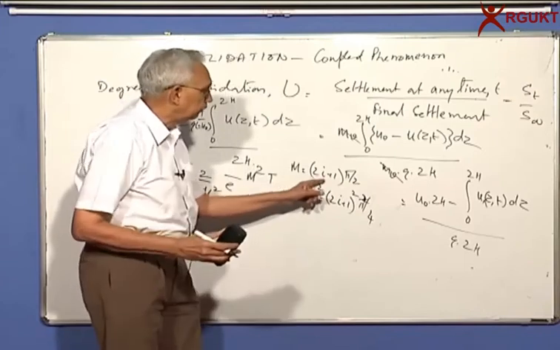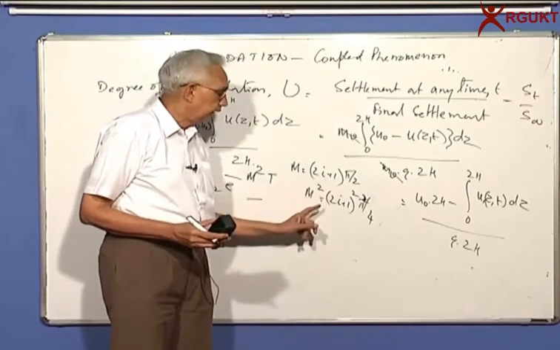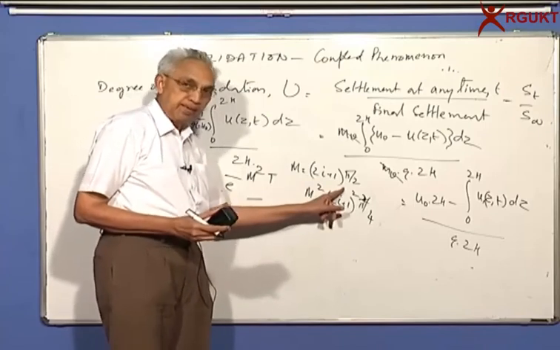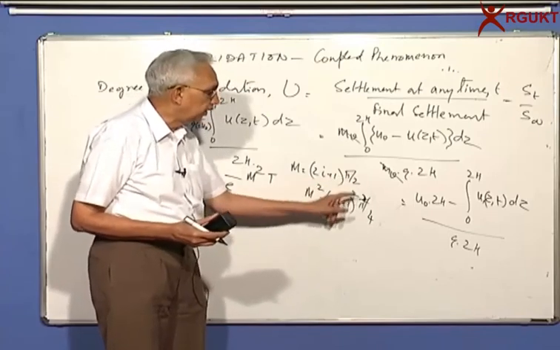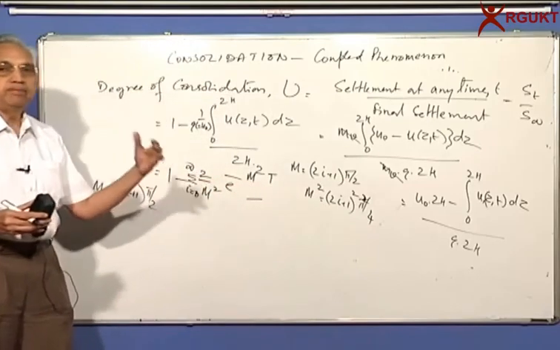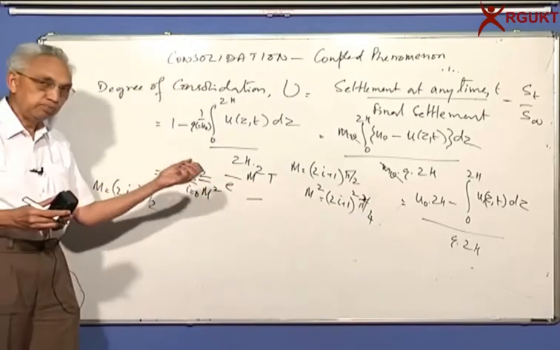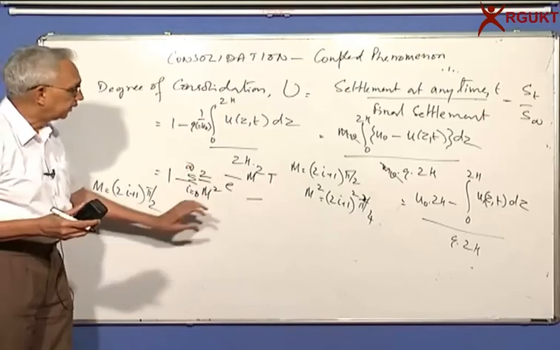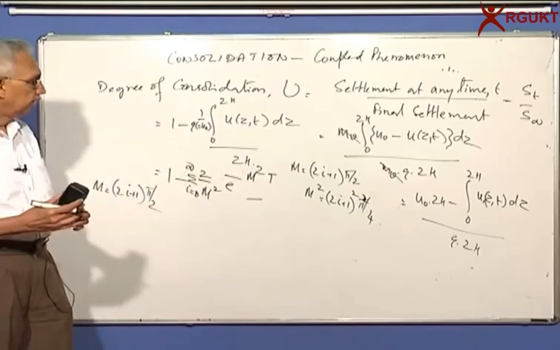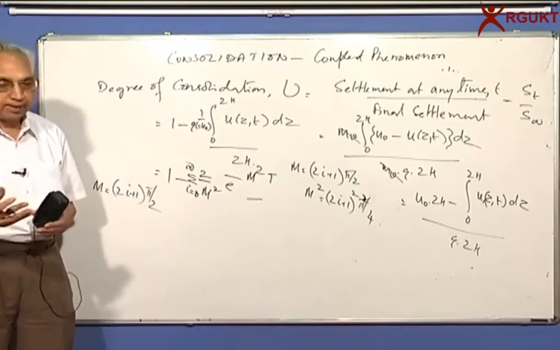If i is 0, this is 1. If i is equal to 1, this becomes 3. Square of 3 becomes 9, and so you will have 1, 9, 25, etc. This term becomes very, very large for even small values of i, and the significance of that gets lost. That means the terms become very small, and we can approximate with 1 or 2 terms.